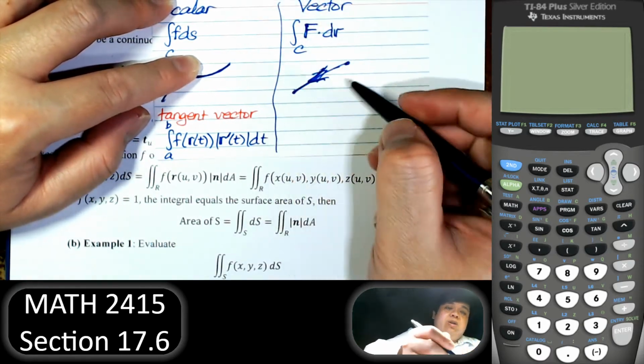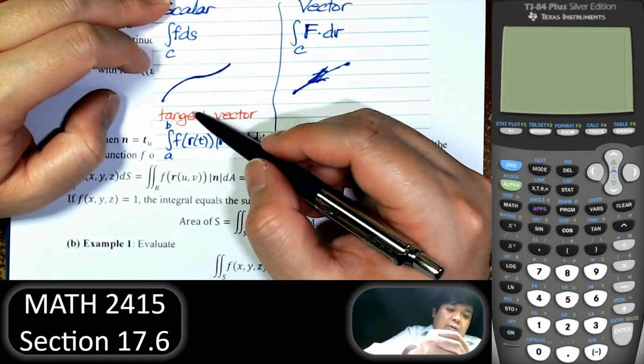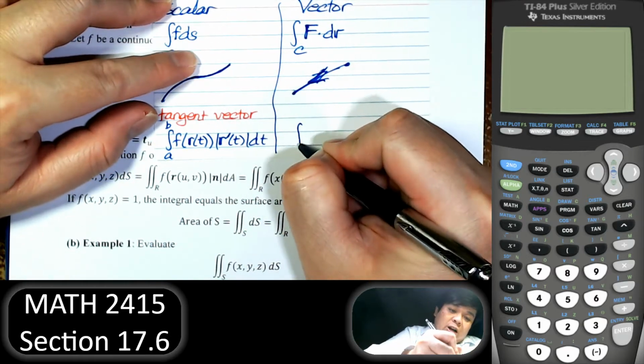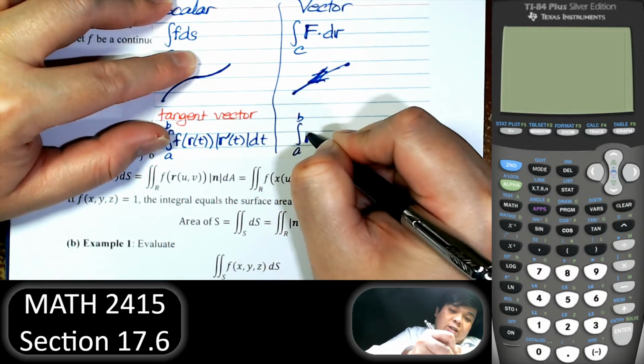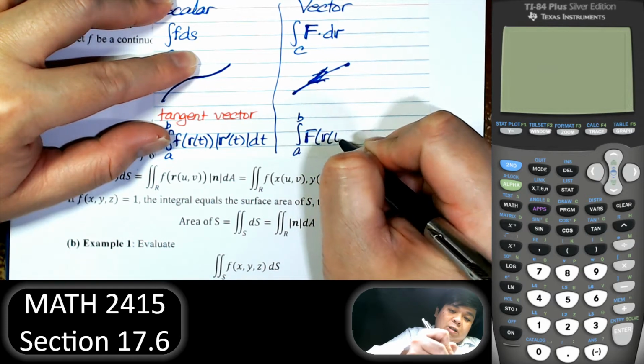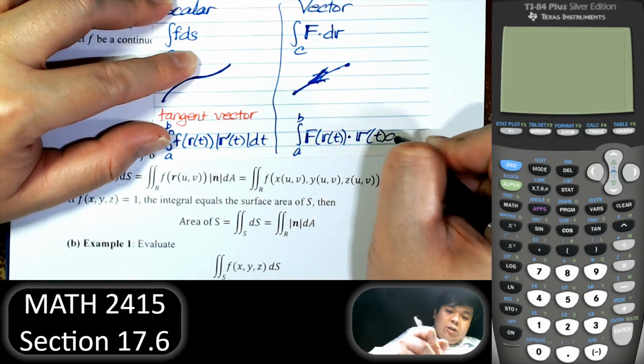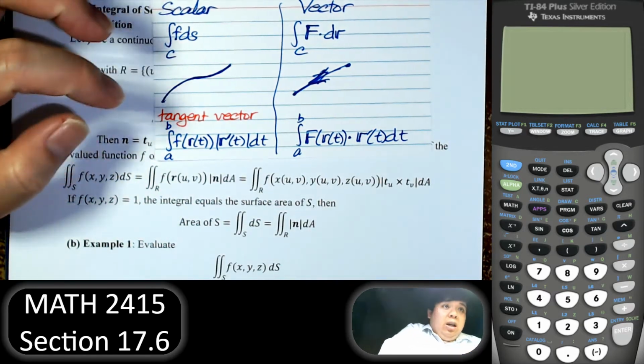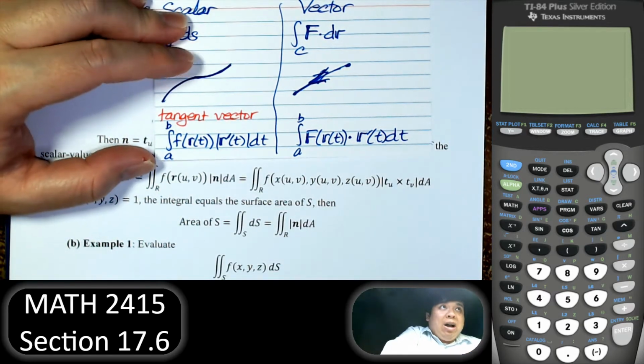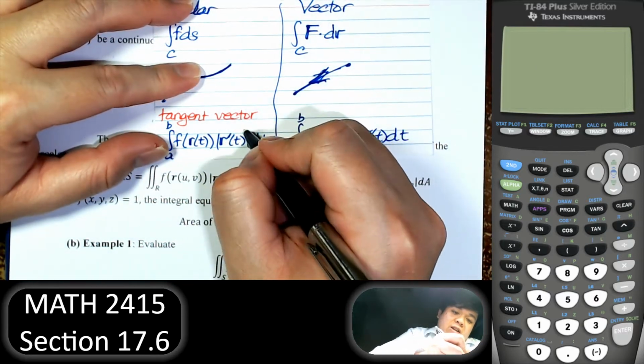That is for the line integral, for the scalar version and the vector version of it. So that means both line integrals are characterized by the tangent vector.